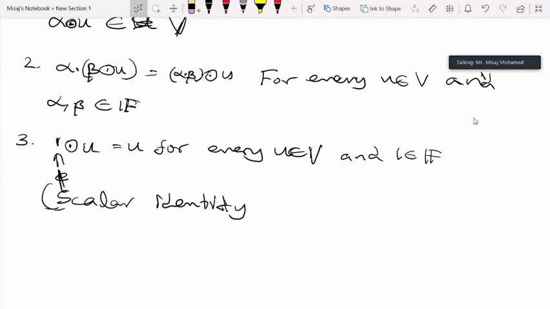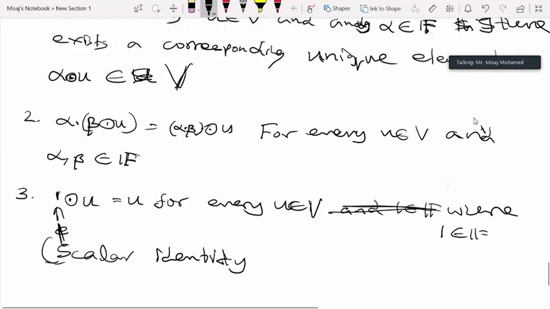So there is an element 1, for every u in V, where 1 is in F. Right, that is scalar.